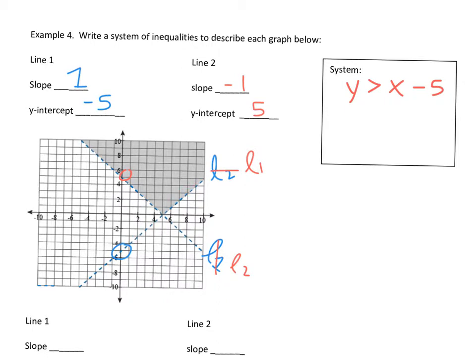Now the second line is still shaded above, so it's y is greater than, but the slope is negative, so negative x plus 5. Those are the steps: I'm identifying each line, finding the slope and the y-intercept, and figuring out how it's shaded.